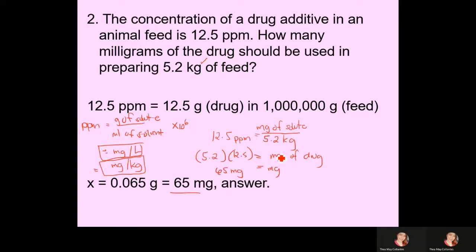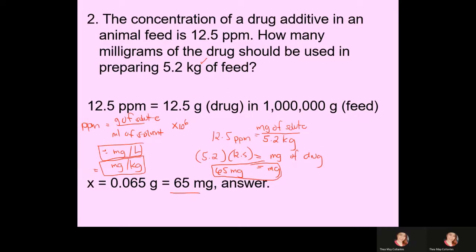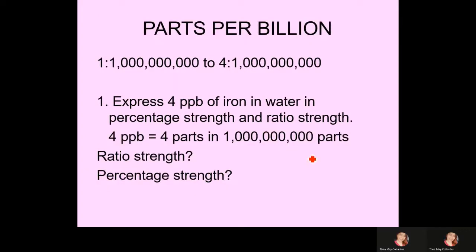But if you would want a harder life, you can use this one, gram of solute, gram of solvent. So, it is possible to interconvert still. So, just basically use your milligram per liter and do not multiply by 10 to the 6. So, same goes with your parts per billion. Okay, so for parts per billion, guys, convert everything that you're being asked into microgram per liter and microgram per kilogram.